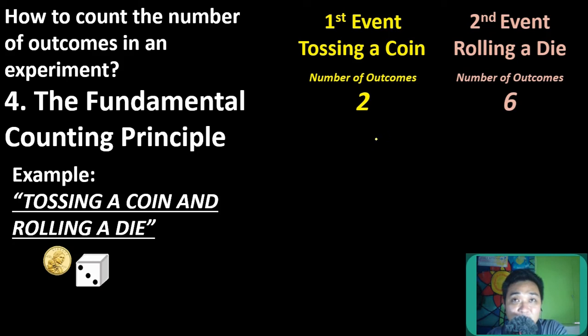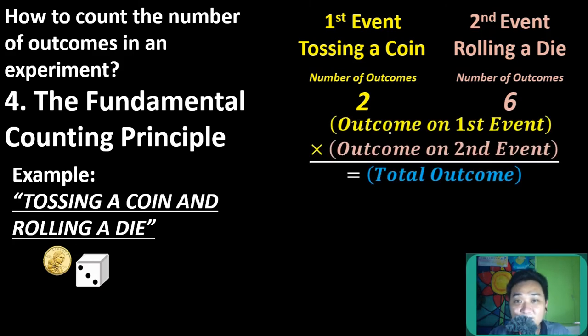And to get the total possible outcomes, all we have to do is to multiply the number of outcomes in the first event and the number of outcomes in the second event. At kung meron kang pang third event, fourth event, just count the number of outcomes in each of those events and then multiply them to get the total possible outcomes.